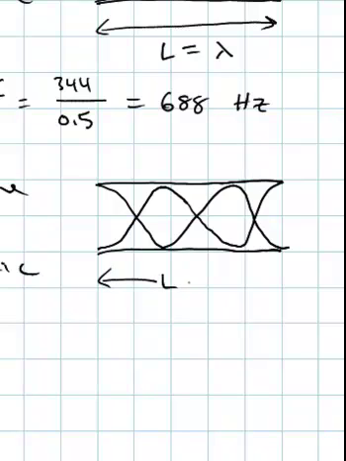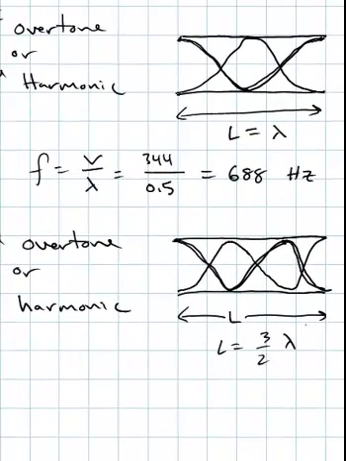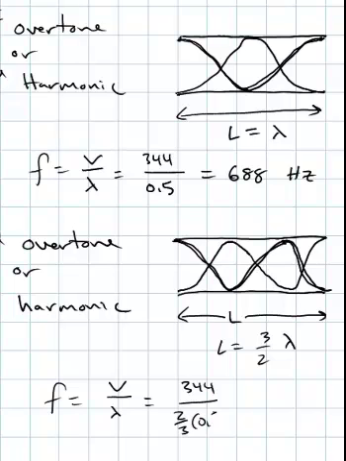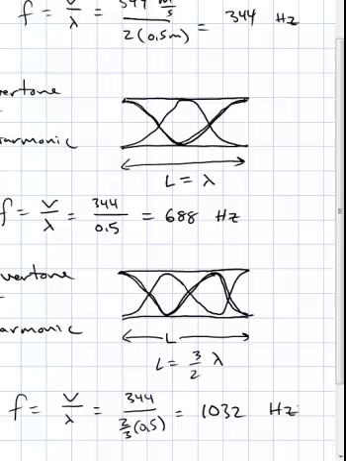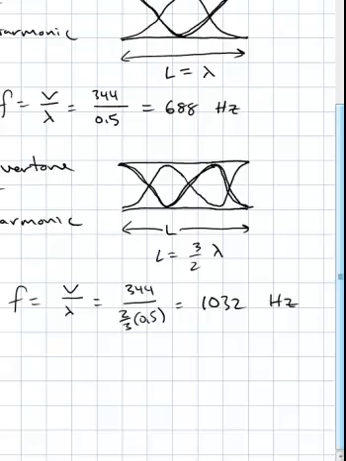So the length of our pipe now is going to be, starting here, we go one full cycle plus a half. So the length is equal to 1 1/2, 3 halves of a wavelength. So that tells me the frequency is V over lambda, 344 over 2/3 times a half, 1032 hertz, 1032 cycles per second.